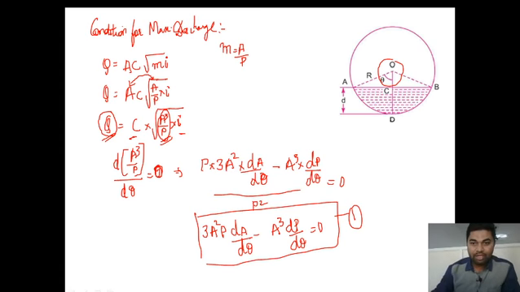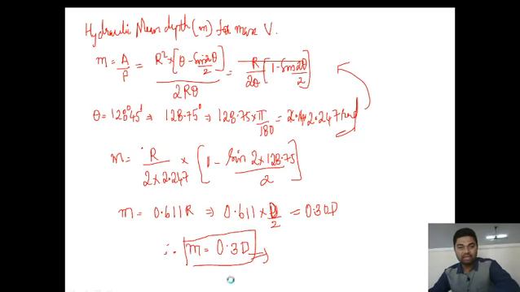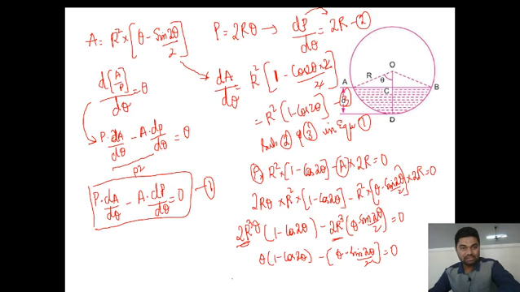So we will write them from our previous findings. You can see equation 2: dP by d theta is 2r, dA by d theta is r square into 1 minus cos 2 theta.